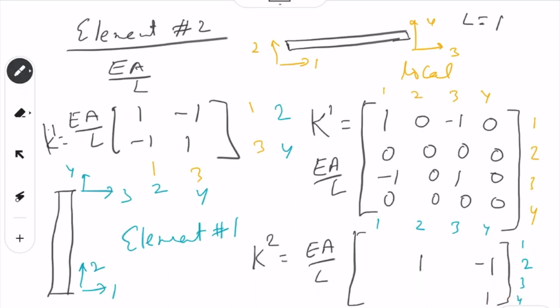So we have minus 1 here, and the rest will all be 0.